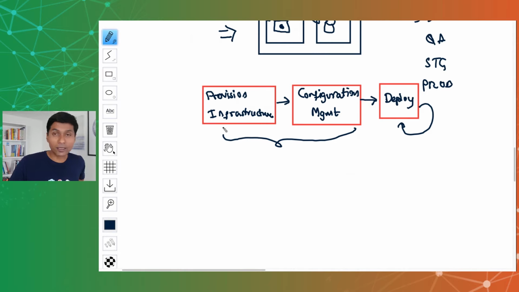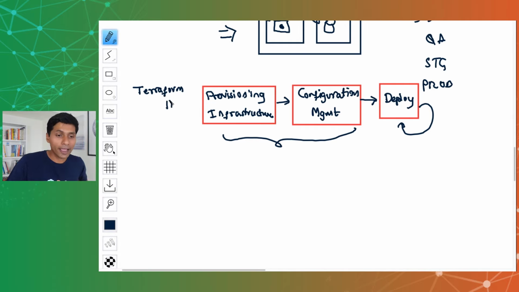If you look at the technology space today with respect to provisioning infrastructure, there are a lot of cloud-specific tools, and there are a lot of cloud-neutral tools. Cloud-neutral tools help you to deploy infrastructure in multiple clouds, AWS, Azure, Google Cloud, and even maybe in your data center as well. So if you look at the provisioning infrastructure space, the most popular tool today is Terraform.